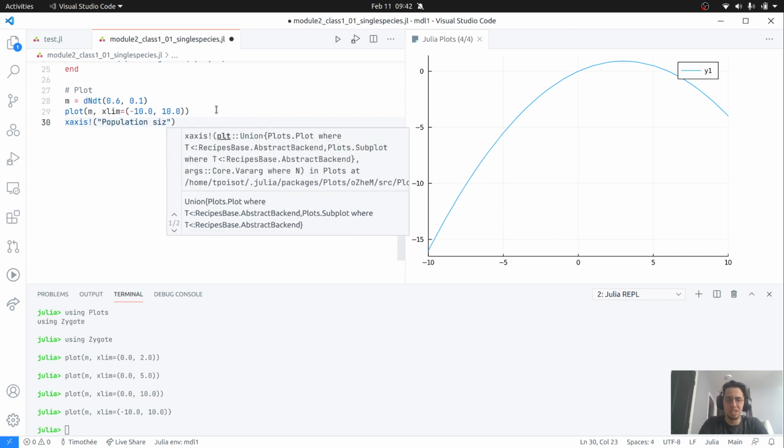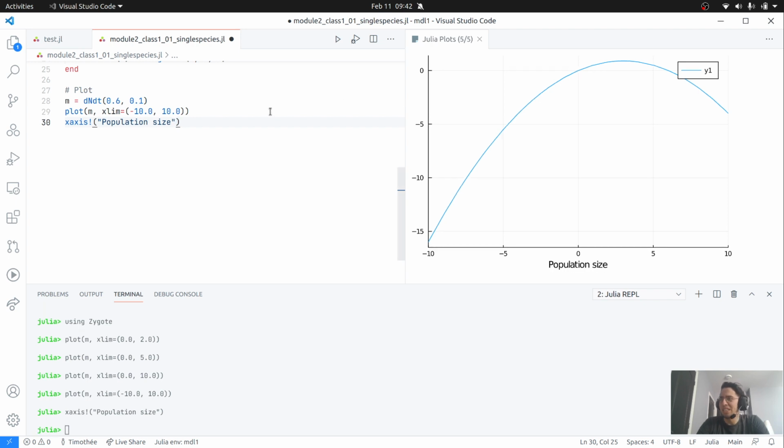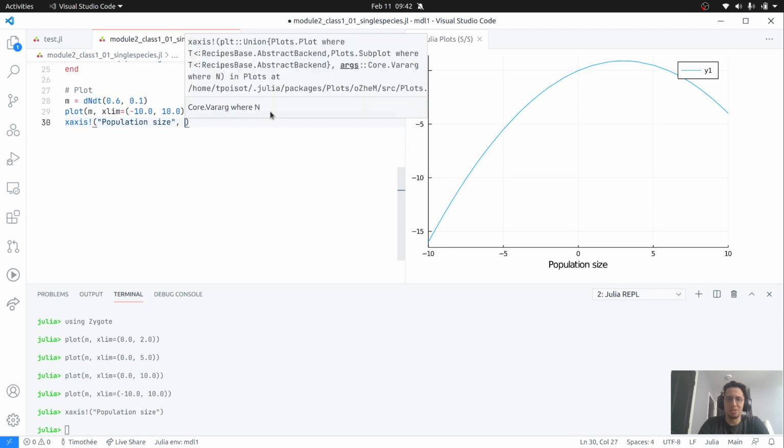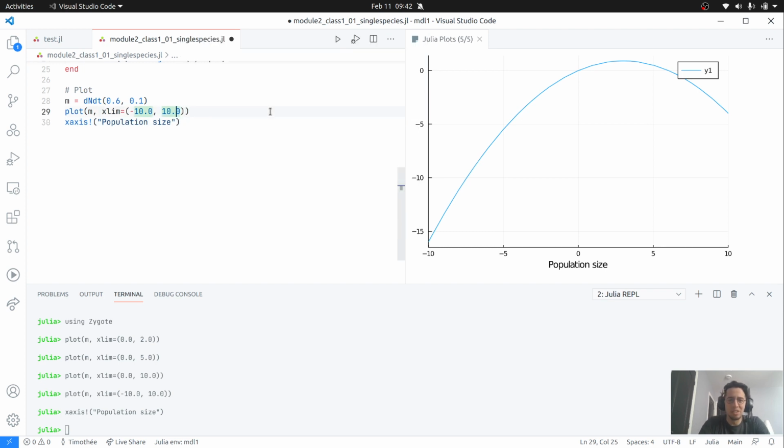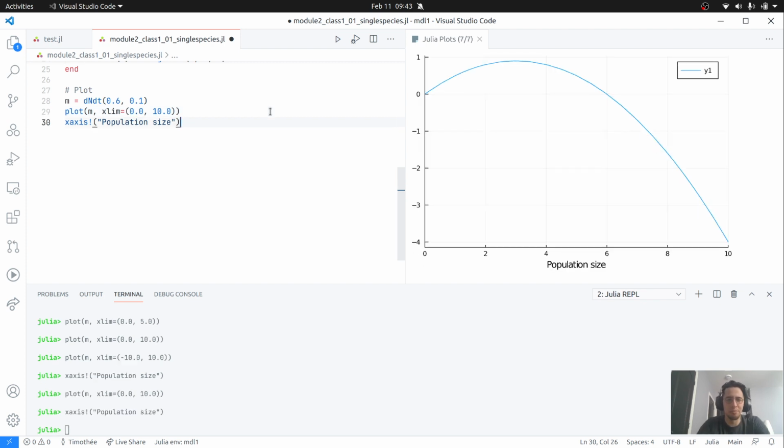So population size is here. Because we're dealing with population size, it doesn't really make any sense to have the population size be negative, because population size is going to be at worst 0, the population is extinct, or at best a positive number.